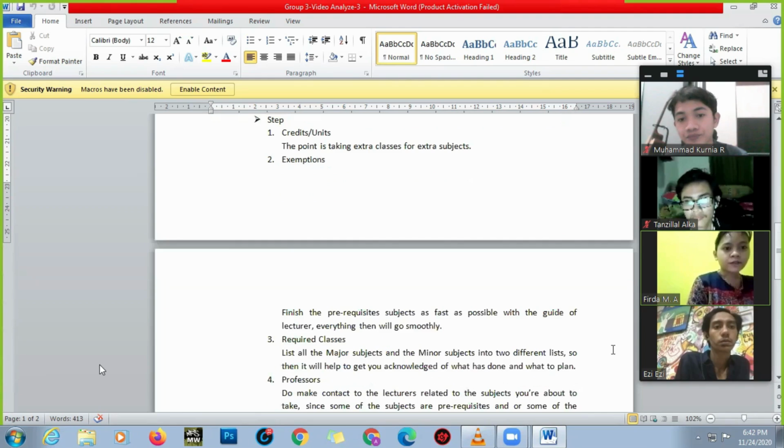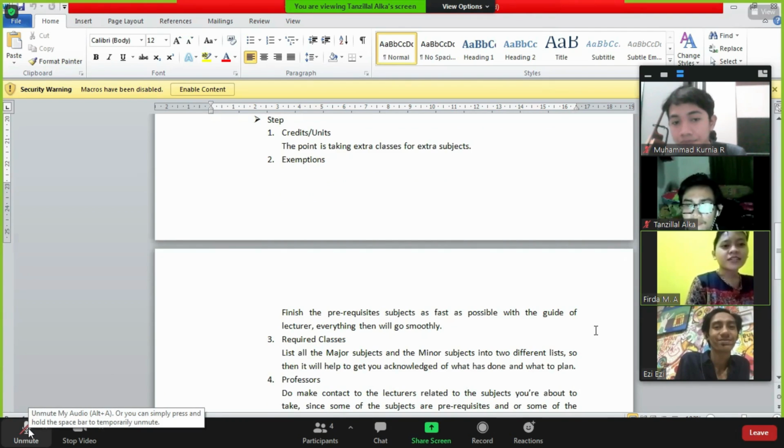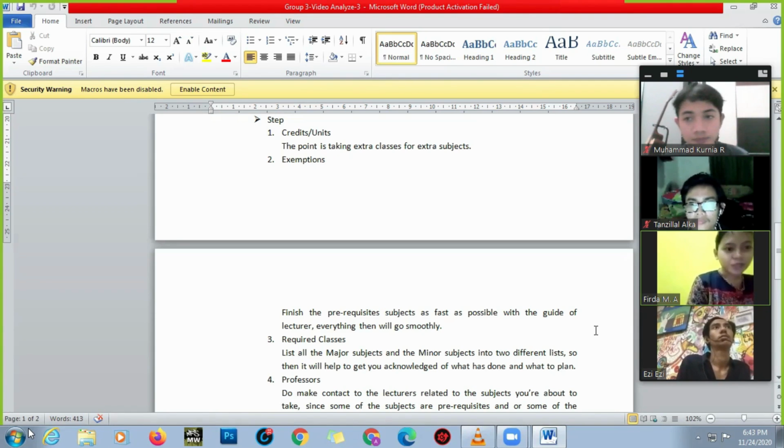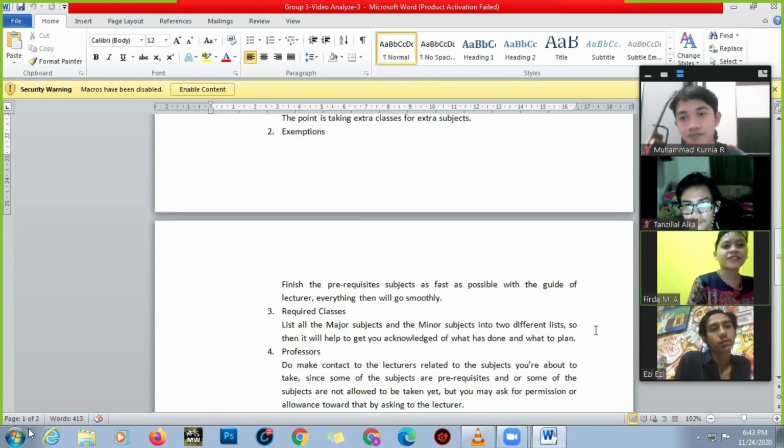So next, for the text structure, there are steps. The first one is credits or units. The point is taking extra classes for extra subjects. The second one is exemption. Finish the requisite subject as fast as possible with the guide of the lecturer.